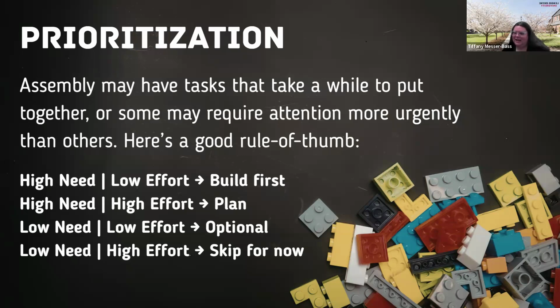If it's a high need, high effort, maybe that's something that you plan and partner with to accomplish that. For the low needs, whether it's low or high effort, I suggest optional or skipping it for now. Get the basic information out first, and you can go back and tweak it, make things bigger and better later.